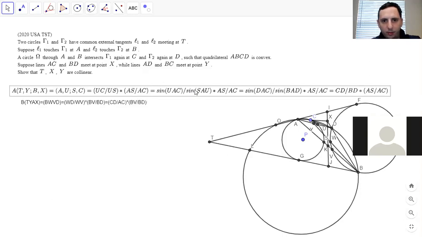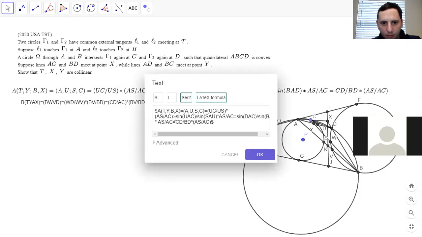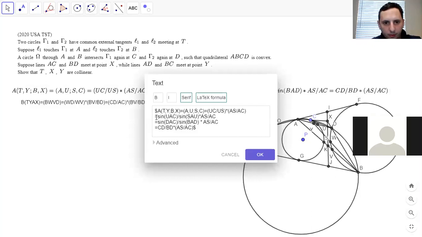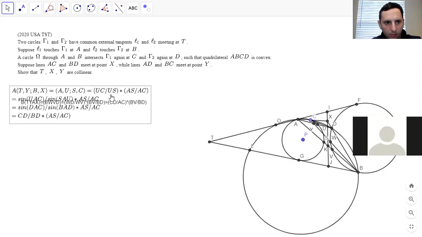Let me break it up into a couple lines. I don't know why that didn't work. Try this. There we go.